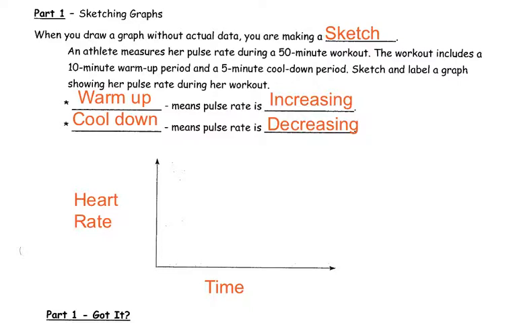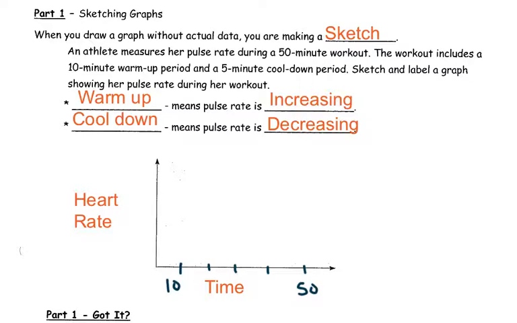We do know that her warm-up period is 10 minutes. So on my time, I'm going to go from 0 up to 50 minutes since her workout was 50 minutes long. So 10, 20, 30, 40, 50.